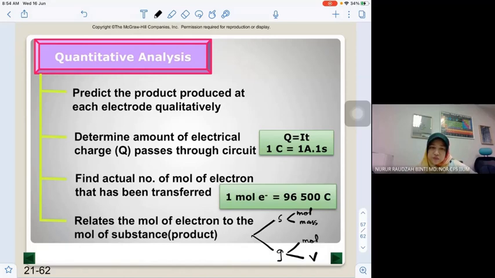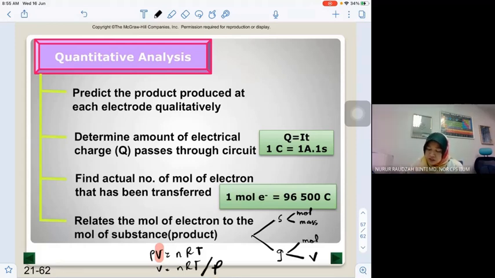To convert from mole to volume, we apply PV equal to nRT that we have learned before. Since we want to know the volume, we make it the subject, so volume equals nRT over P.